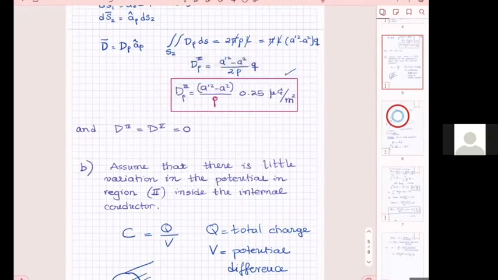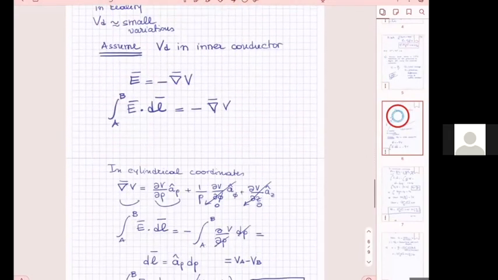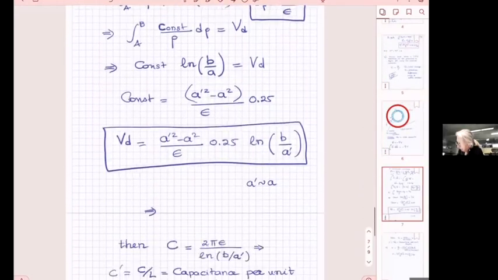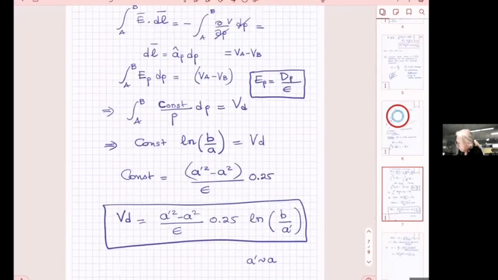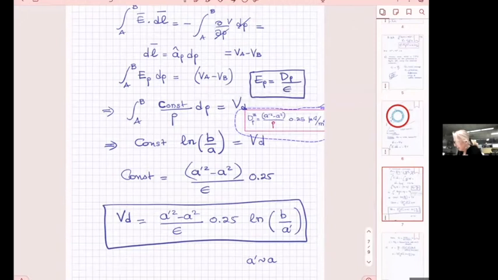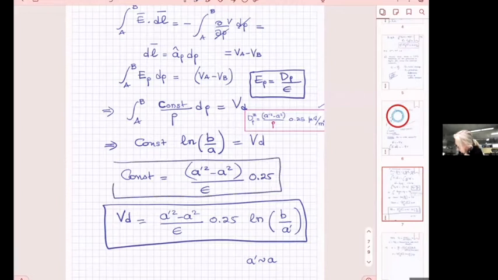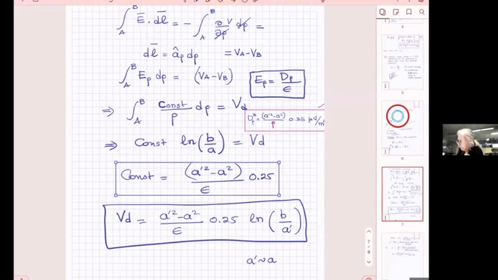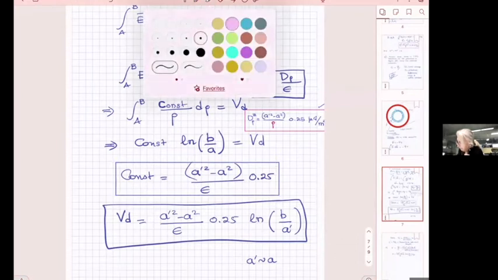So if I take this and place it here, D sub rho is 1 over rho times a constant, where the constant is given here. This one.